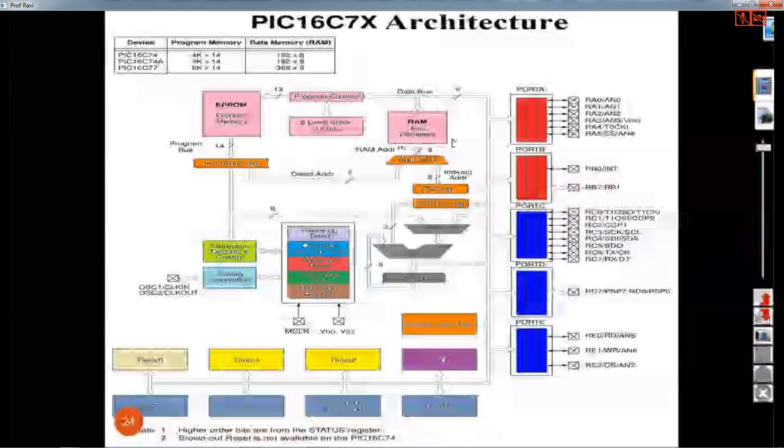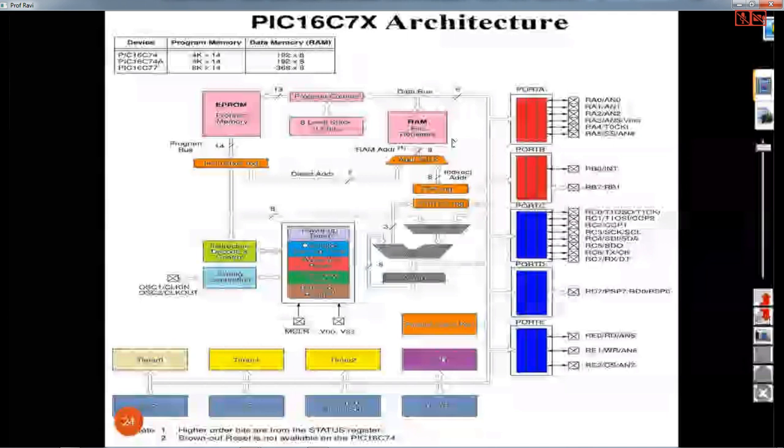So it is a 3-channel analog to digital converter, which is 10-bit on chip, right?